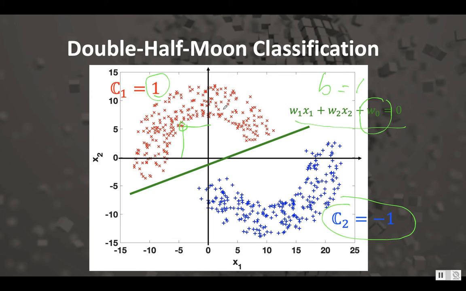For those red stars, their x1 and x2 multiplied with W1, W2, and then plus W0, equal 1. And for those blue stars, the value equals -1. Those optimal W0, W1, and W2 are calculated from training data, as we showed here.